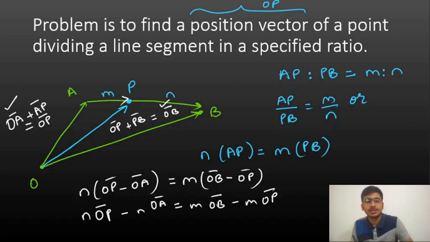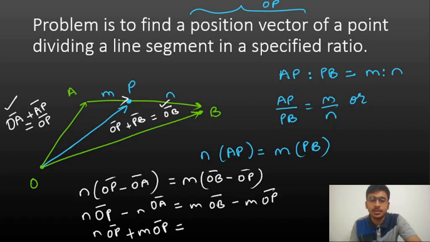I'll take the LHS, and I'll simply get, what will I get? N times OP vector plus m times OP vector. I'll take the RHS. So I'll get m times OB vector plus n times OA vector. Okay.